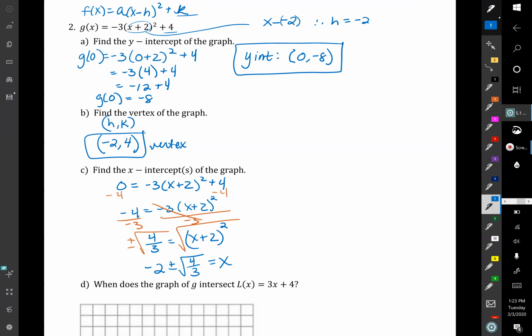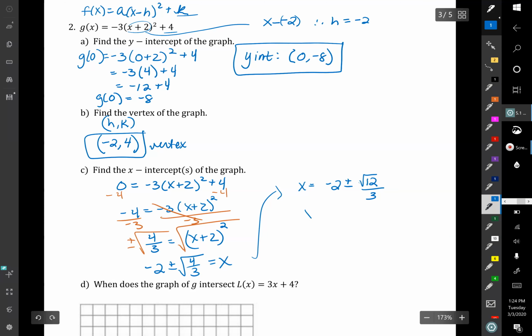Then typically I want to rationalize that denominator, so I would multiply top and bottom by square root of 3, and then I would get x equals -2 plus or minus, I would have a square root of 12 in the top over 3.